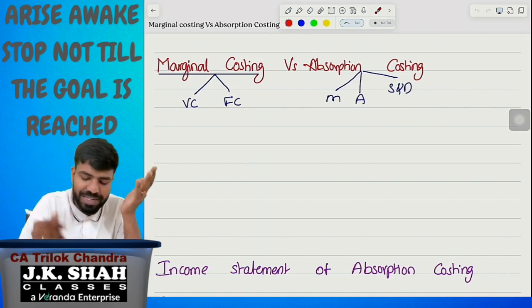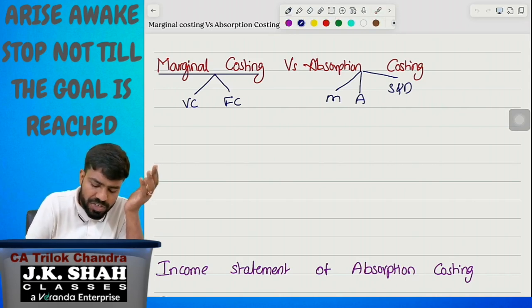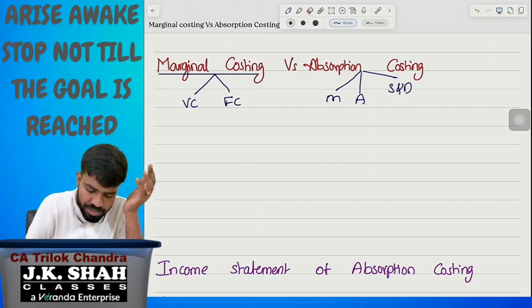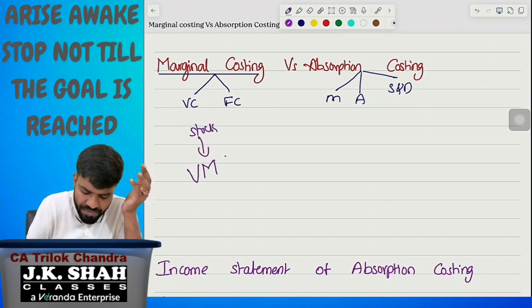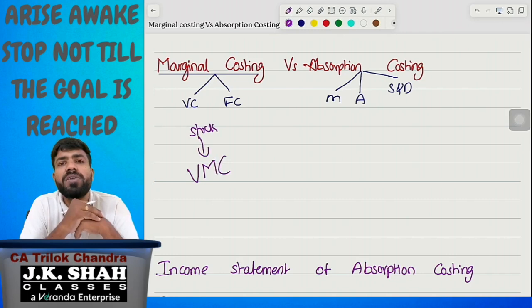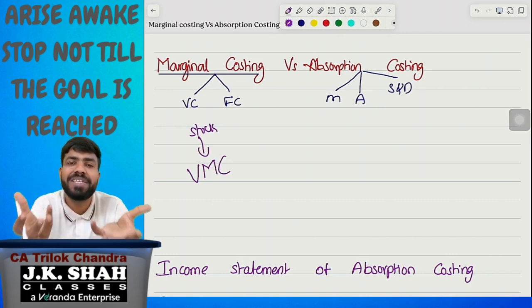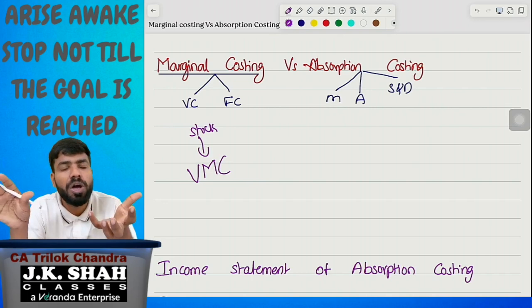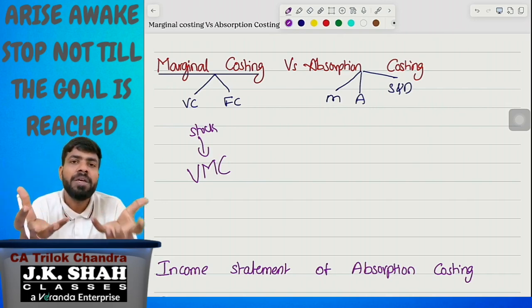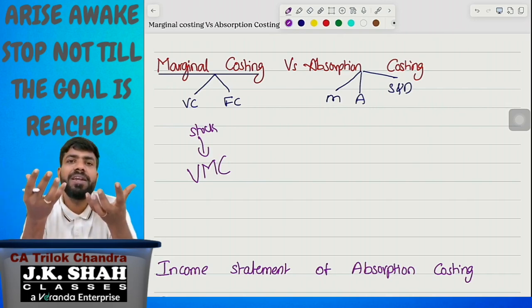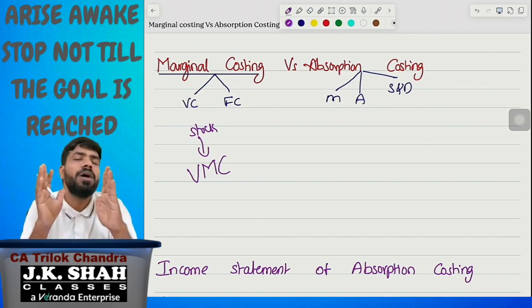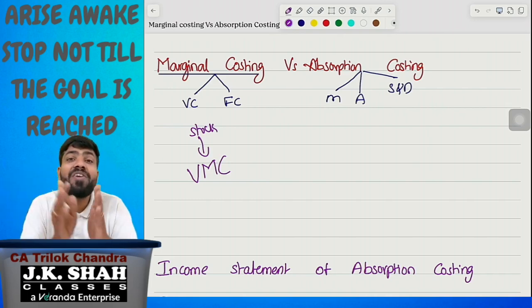Please understand. When it comes to marginal costing, stock will be valued using variable manufacturing cost. First of all, what you need to understand is that stock means production units valuation. Stock means, don't think closing stock. It's about production valuation. See, normally we know that units will be valued at manufacturing cost.